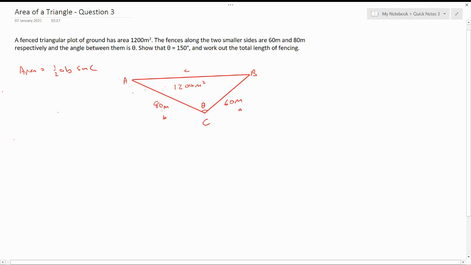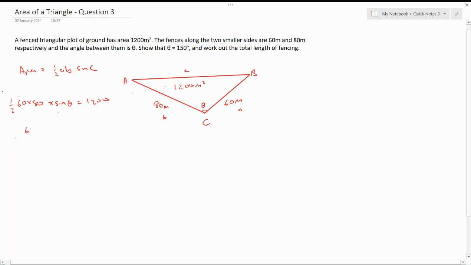So let's sub into our equation for the area. Half of 60 times 80, times sine of theta is equal to 1,200. So we're dividing by 2 on this side, so we can multiply through by 2.